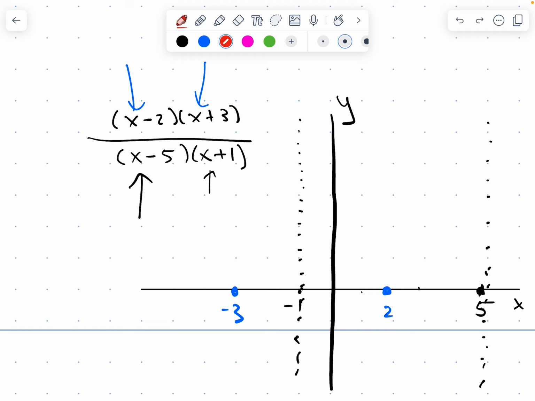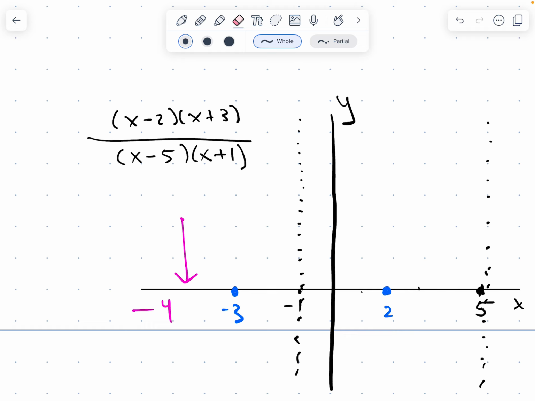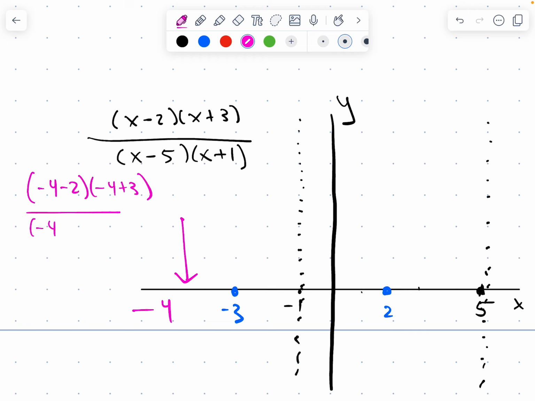Let's pick a value right in here. Let's pick negative 4. And let's see what happens when I plug in negative 4 into my equation. So if I plug it into my equation, then that's going to give me negative 4 minus 2, negative 4 plus 3, negative 4 minus 5, negative 4 plus 1. And negative 4 minus 2 is a negative number.